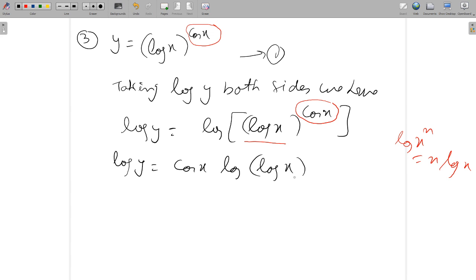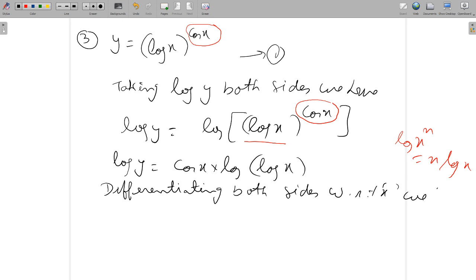Now differentiating both sides with respect to x. Differentiation of log y is 1 by y, so 1 by y dy by dx is equal to, here we will use the f into g rule.